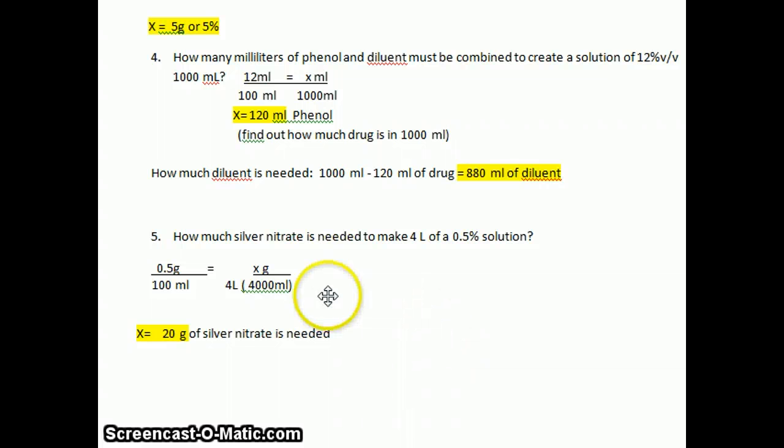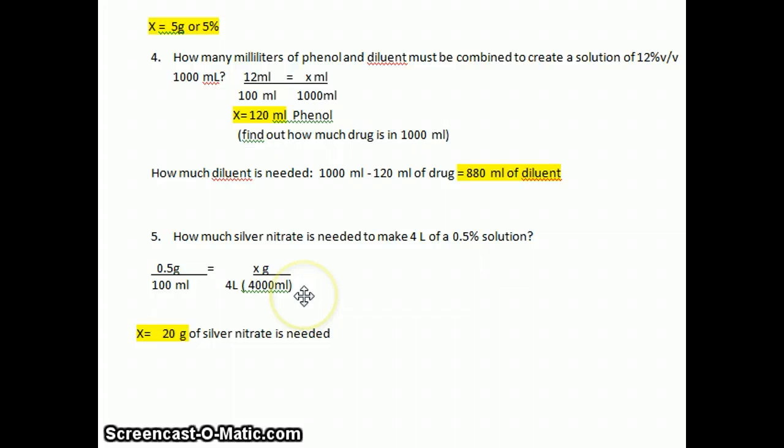All right. The last problem here says how much silver nitrate is needed to make 4 liters of a 0.5% solution. Setting it up like always, the 0.5%, you say it's 0.5 grams over 100 equaling X grams over 4,000 milliliters.